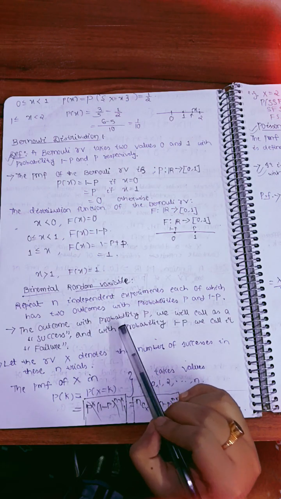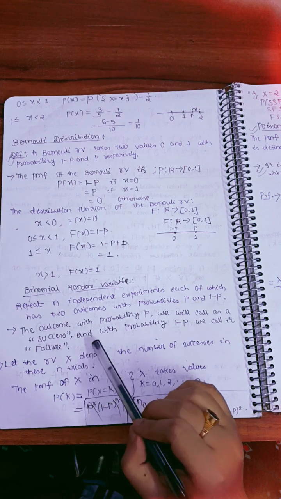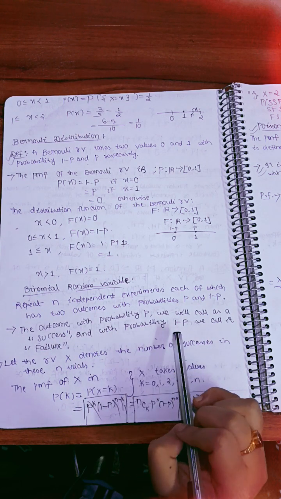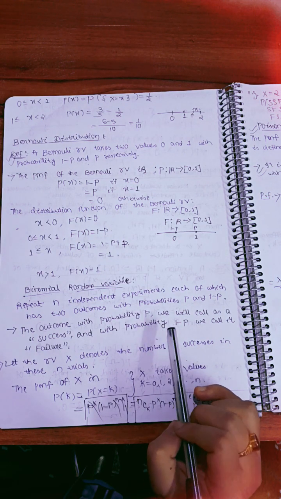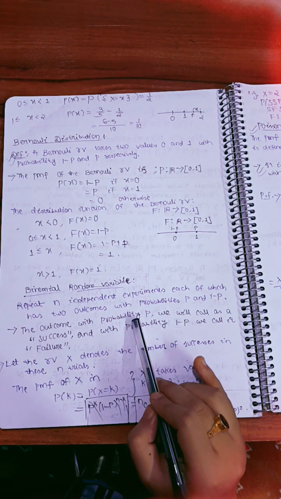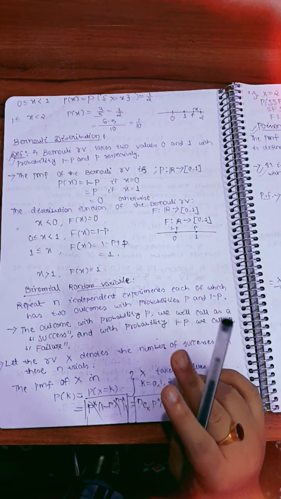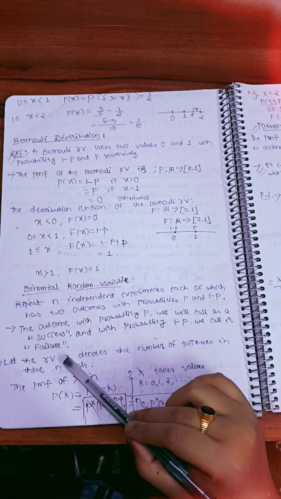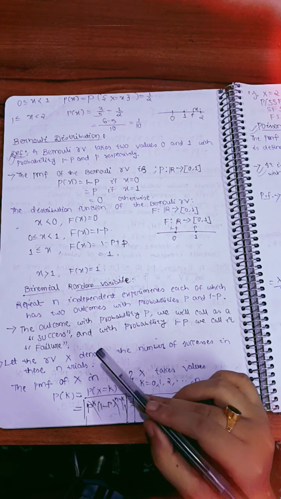The outcome with probability p we will call a success, and with probability 1 minus p we call it failure, or we can take q also, but since the sum of total probabilities is 1, for our convenience we are taking p and 1 minus p. Here there are two cases only, success and failure, that is why. So let the random variable x denote the number of successes in these n trials.